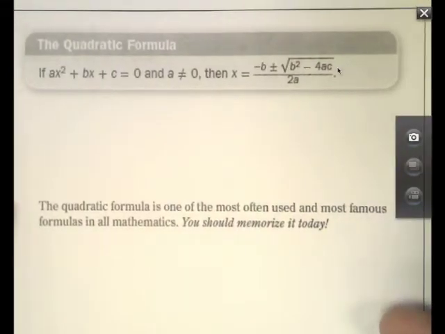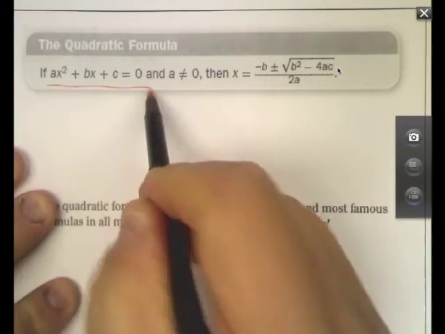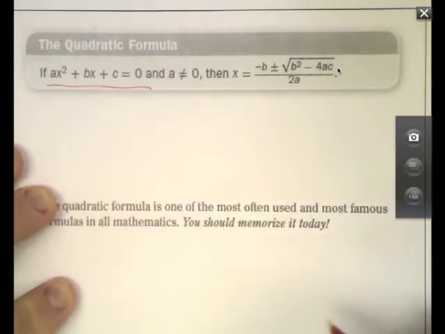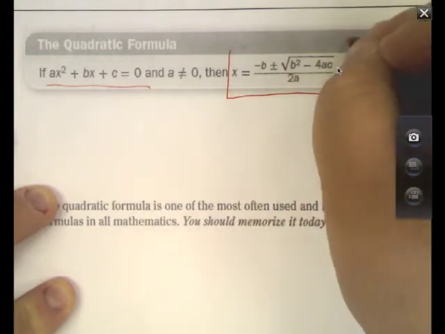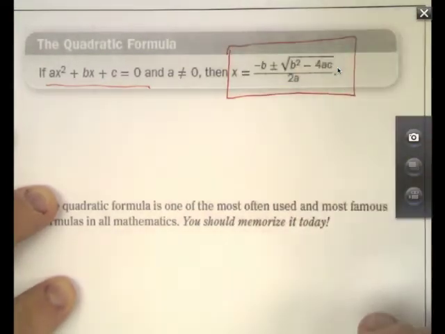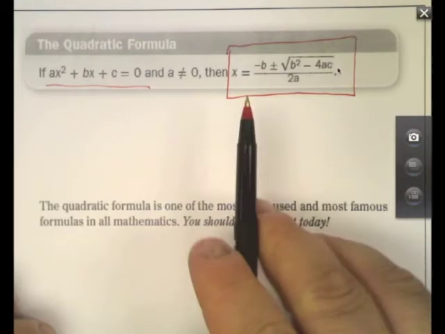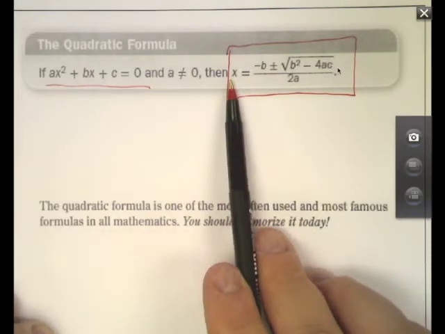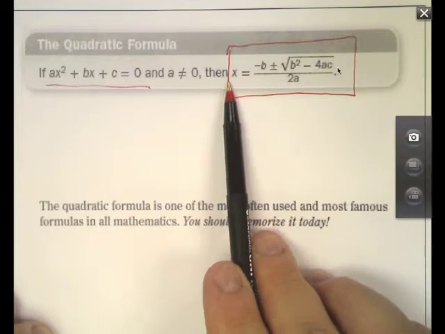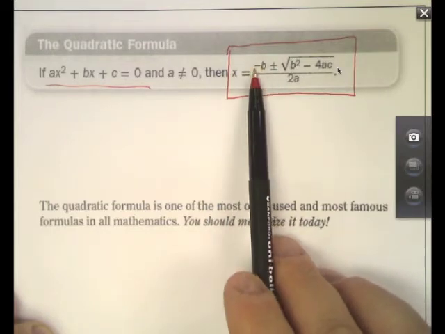The quadratic formula. If it is written in this form, then you can find A, B, and C. Then to find your solutions, you're going to use this formula. This formula is x equals, it says x equals because what you are finding are x-intercepts.